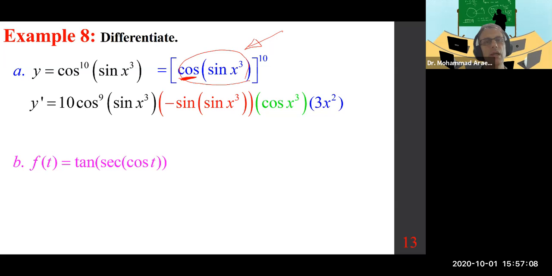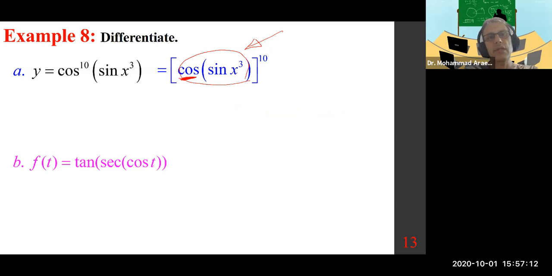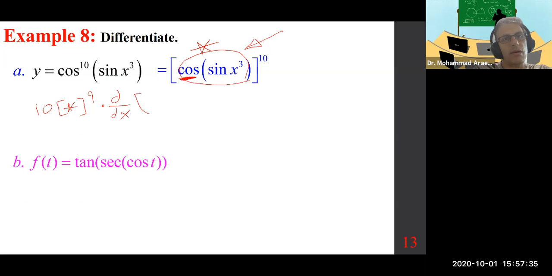So maybe I do this, okay, let me just do this before that. So again, let me just do the writing I erased. So understand you have, let's put an asterisk here, okay? I'm going to replace this with the asterisk. So 10 times the asterisk to the power of 9 times, now I'm going to write d/dx of the asterisk.